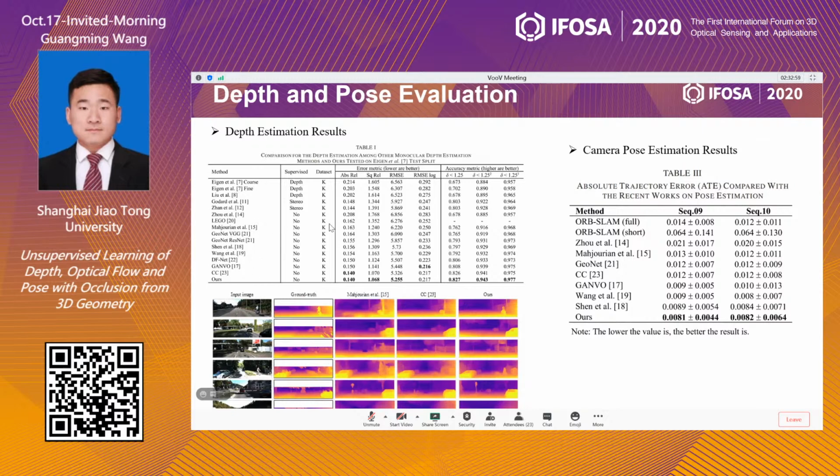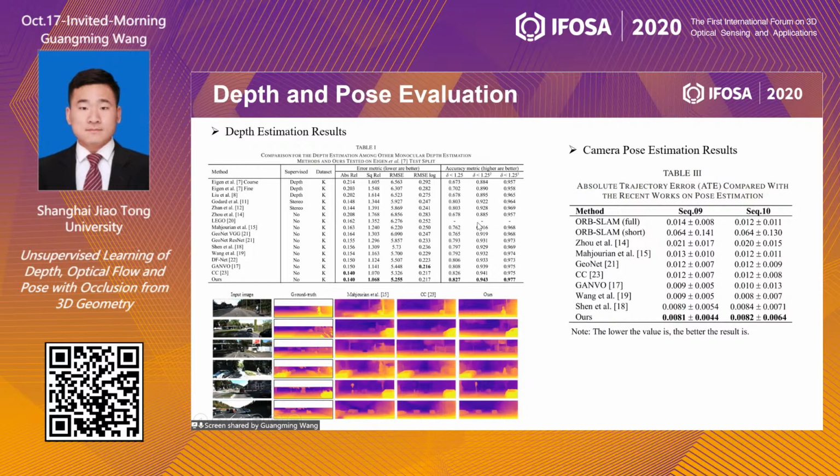Why is there no accuracy metric for this method? I didn't find the data in their paper about the three metrics. Okay, I see. Maybe they didn't want to show their result. Probably. Okay, thank you very much.